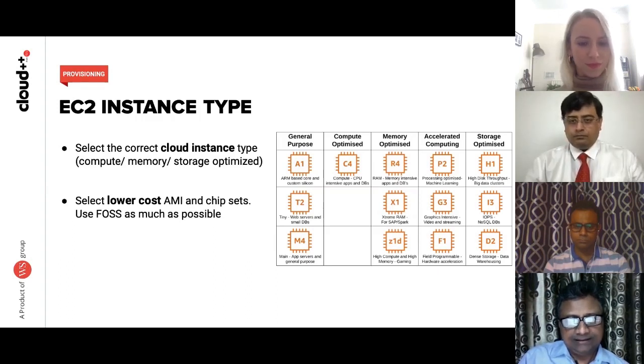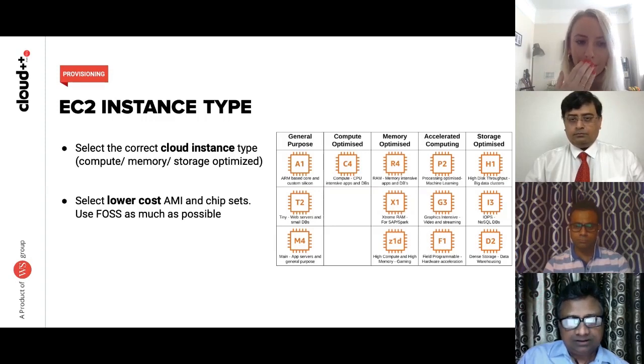If you don't need licensed software, for example, you are running a MEAN stack application, so you don't really need Windows systems, and you can easily use Linux AMIs, which are way cheaper. It's almost 50% cheaper, I believe, for servers.